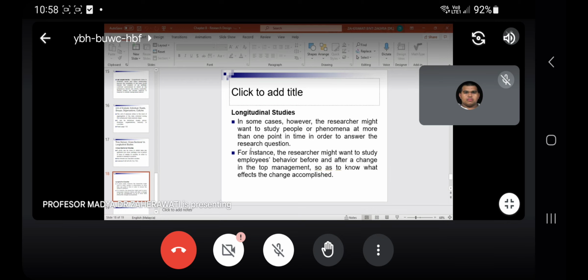If you're an RPG student, under master, PhD or DBA, then you can do so, because longitudinal studies mean that you have some stages while you collect your data. It might be within a year, it might be within 2 years. They want to know the pattern, but over a longer period of years.